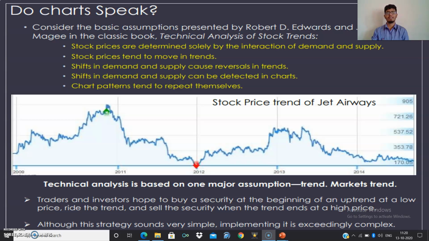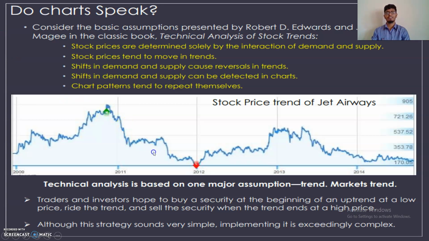Shifts in demand and supply can be detected in the charts itself. So we can check the shifts in the demand, correct? When the supply is more than the demand, the prices will decrease. When the supply is less and the demand is more, the prices will increase.